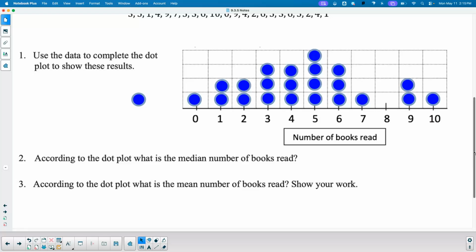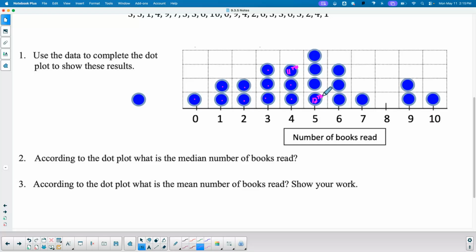Okay? So I need to find my 11th data point. 1, 2, 3, 4, 5, 6, 7, 8, 9, 10. So this is my 11th data point there, which makes this then my 12th data point. Okay?